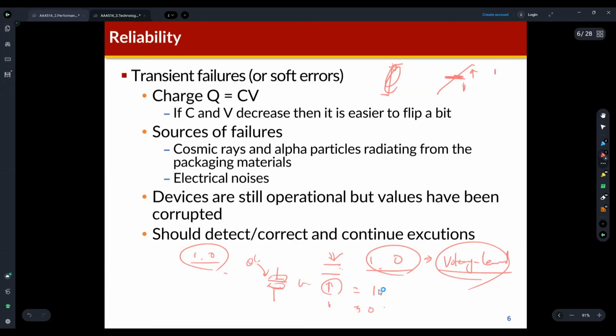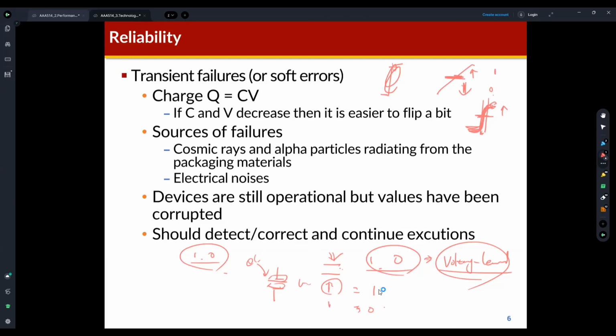If the voltage level is lower than the threshold level, then it's 0. But usually, the voltage level from some input signal looks like this. So we can say that this area is very small. So the data is not influenced by electric noises.